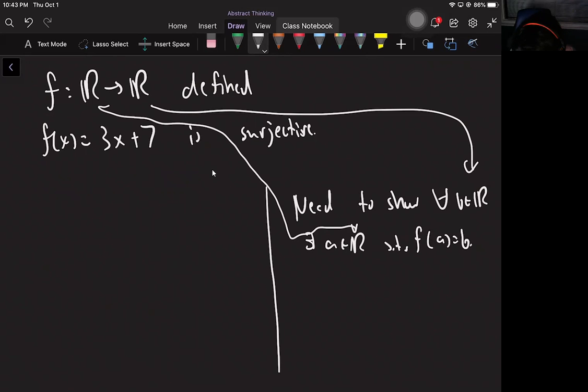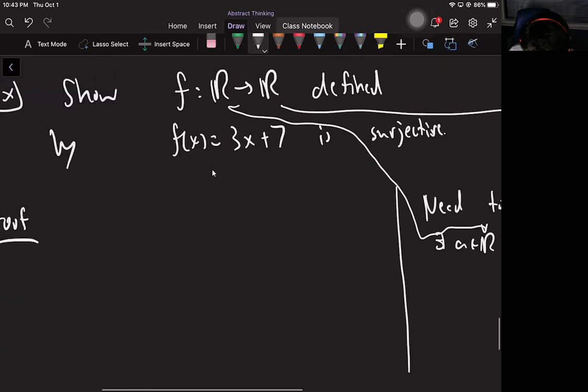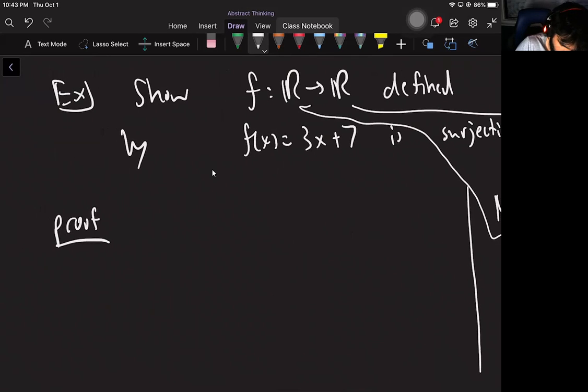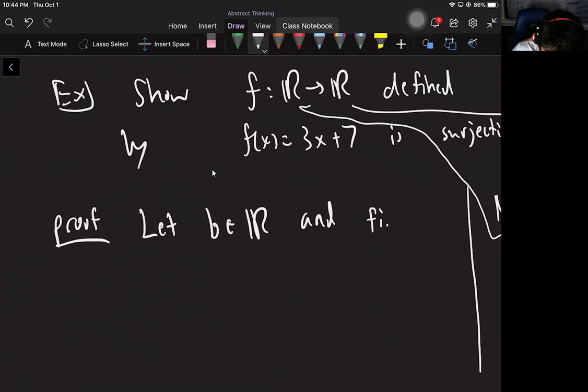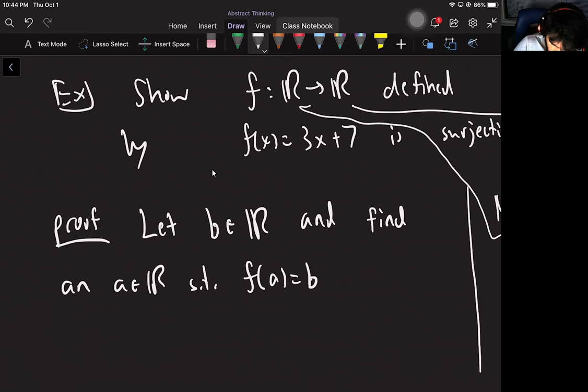So to start this proof, I have to think about an arbitrary element of R, of the second R. That's how a surjective proof starts. Let b be in the codomain and find an element in the domain such that when you plug it in, you get the element from the codomain.